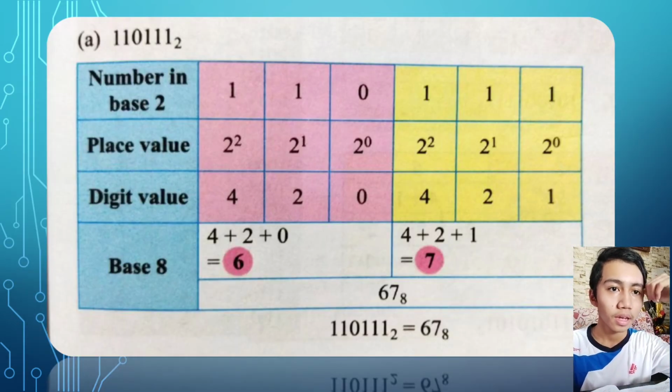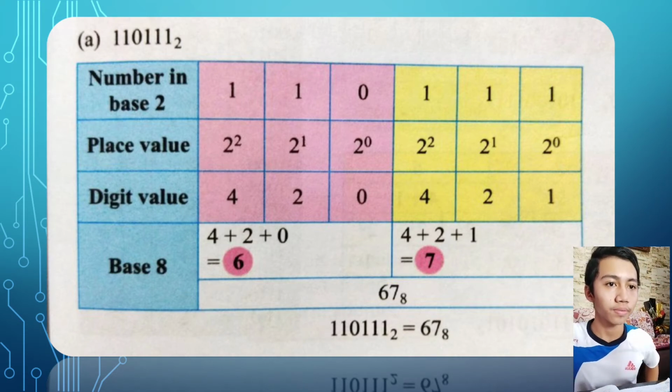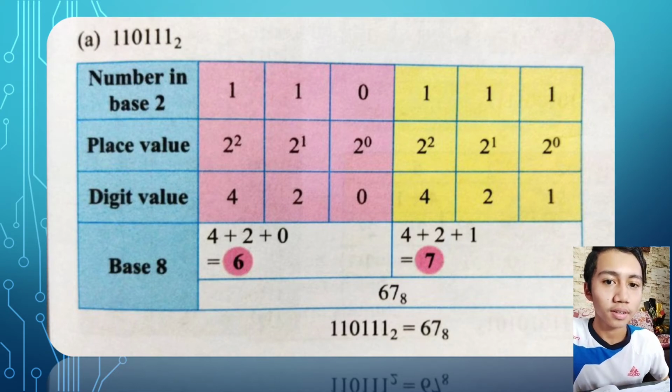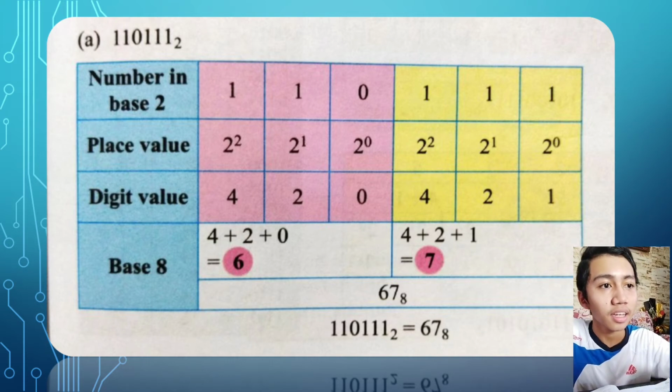So as you get to see, we got the number 110111 base 2. What we need to do first, we must divide it by 3 digits. So as you get to see, 110 is the first 3 digits, and then 111 is the second 3 digits.